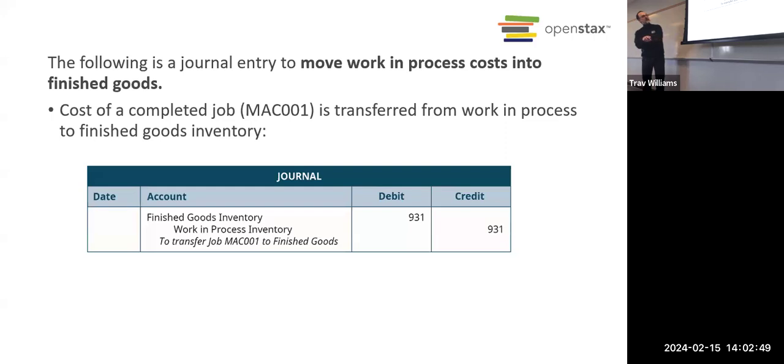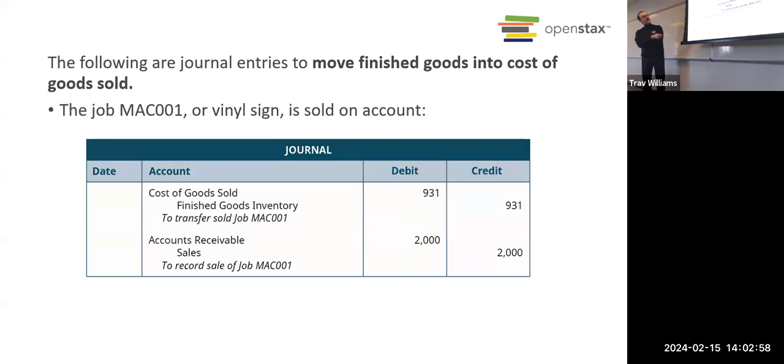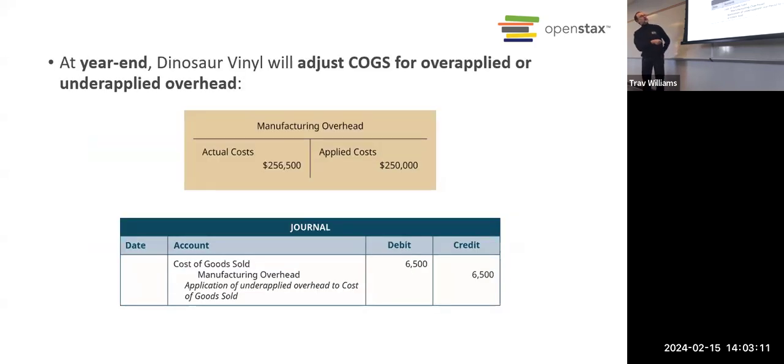Then you can transfer the entire cost of that job out of work in process into finished goods because you now have a finished product. Then when it's sold, it comes out of finished goods into cost of goods sold, and then you also journalize the actual sale. So that's the process all the way through.